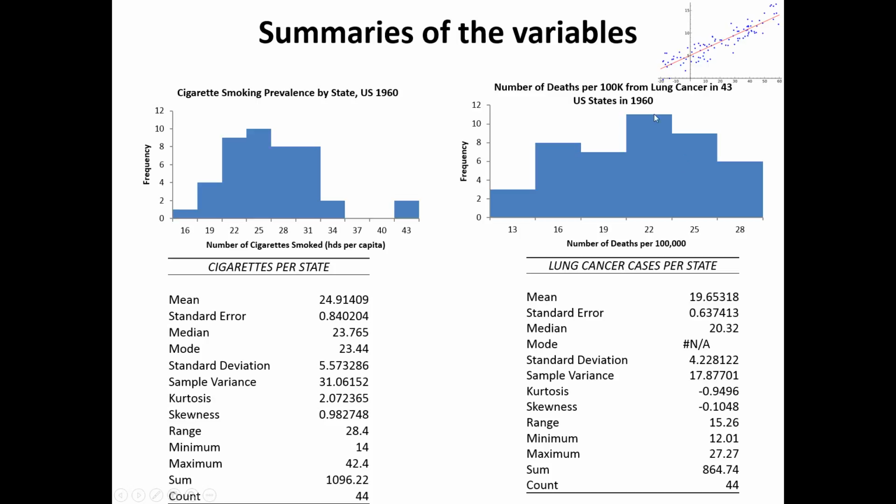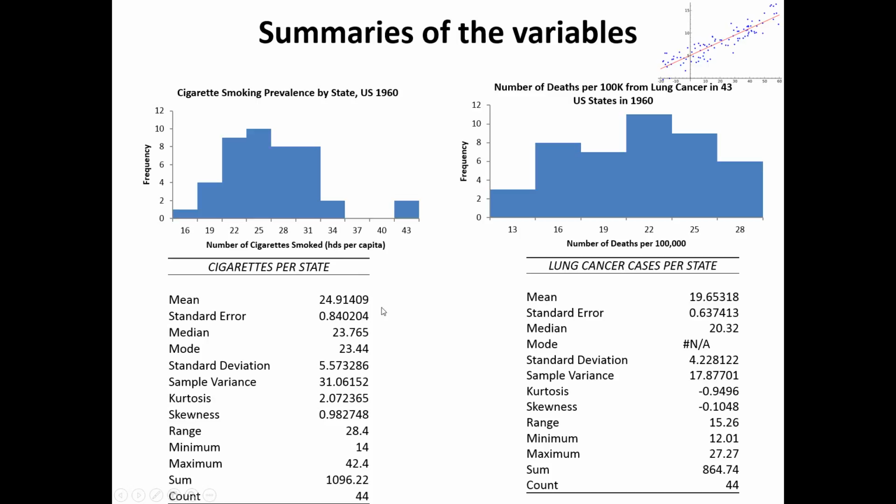If we looked just at smoking prevalence alone, the histogram is like this, and we also have some descriptive statistics here. On average, there were about 2,500 cigarettes smoked per capita by state in 1960.